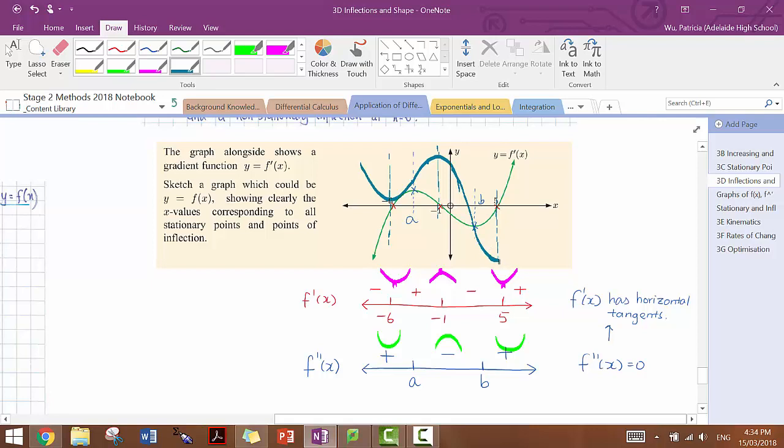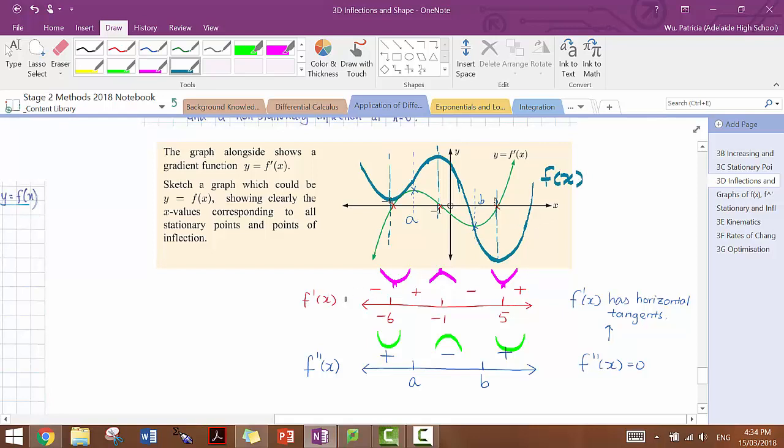And then it will start to go up. While it's going up, it's still maintaining that convex curvature. And this is what the graph looks like. This will be the original f of x.